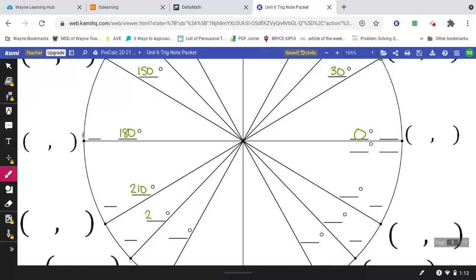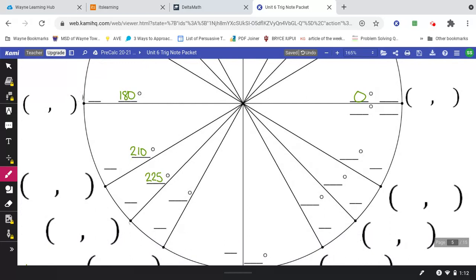Small jump, add 15. Small jump, add 15. So right there, that 240 degrees is symbolizing that point right here. So it'd be the angle from the original line all the way around to that 240 line. Represents your 240 degrees.